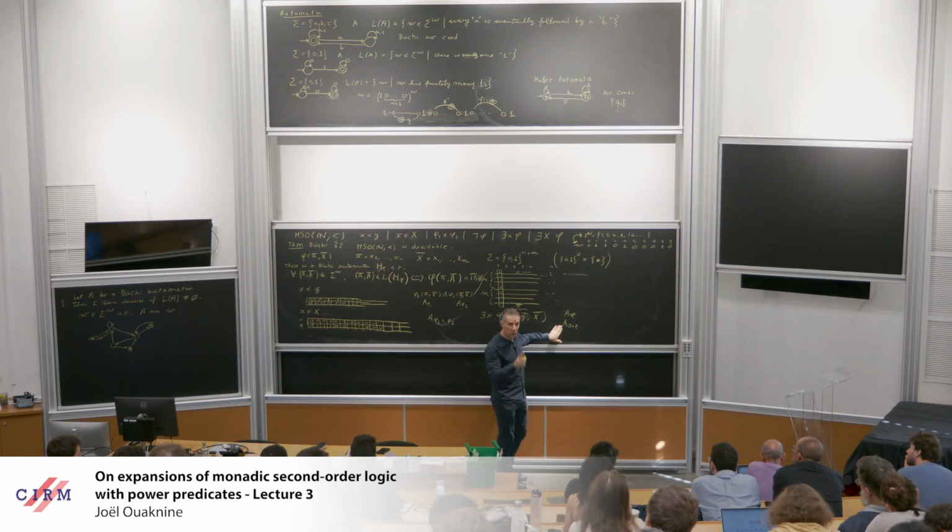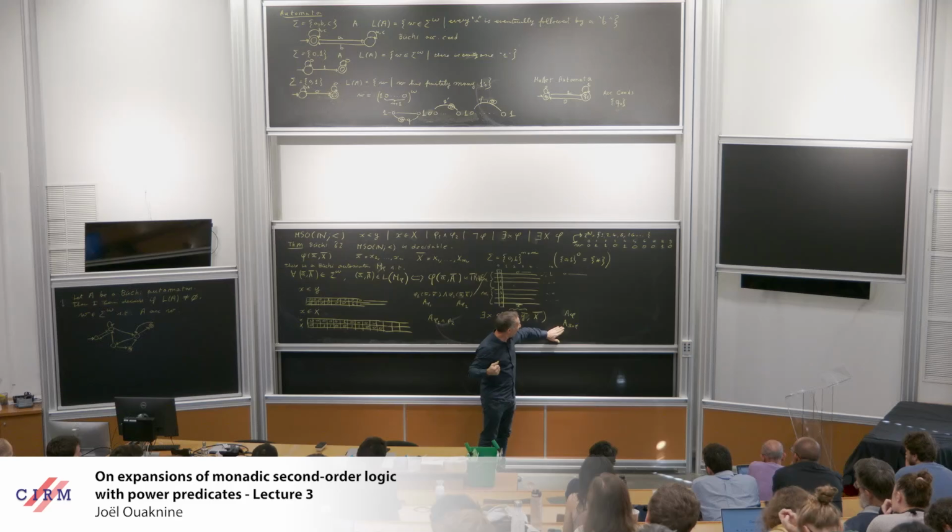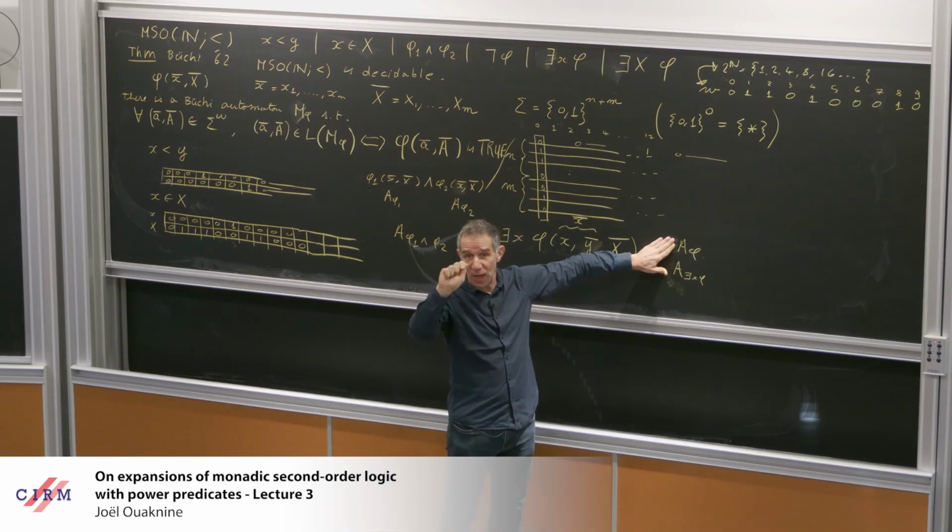This one will have one track less because there's one variable less. So the alphabet has now changed. The alphabet here has letters over n plus m. This is n minus 1 plus m. So you've got one track fewer. And what you have to do is essentially erase the ones and the zeros from the letters.